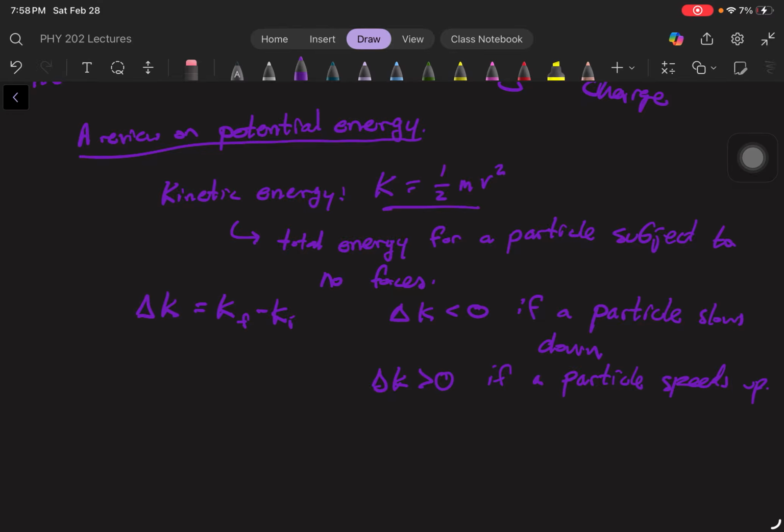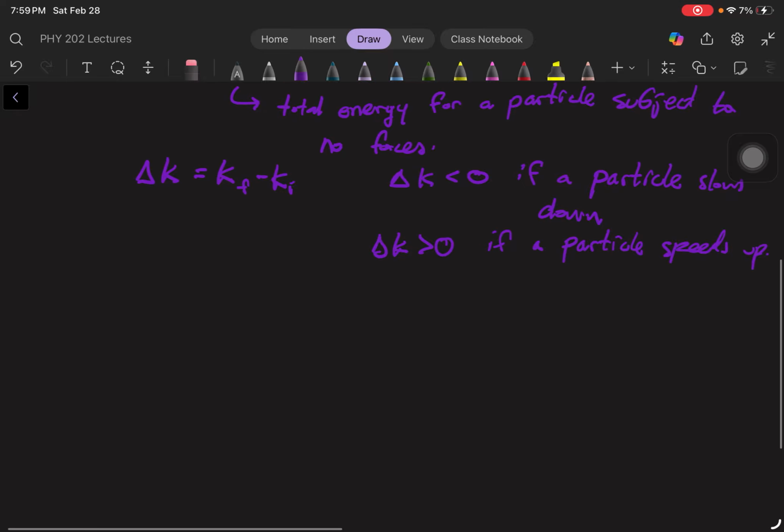And one thing to keep in mind is that a single particle can have no potential energy.